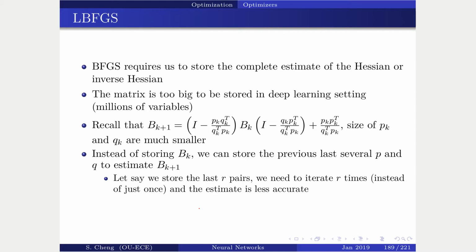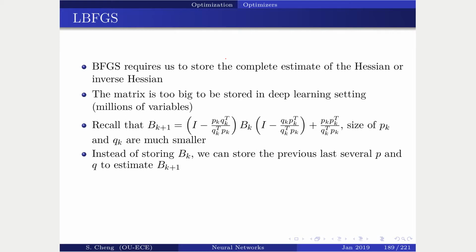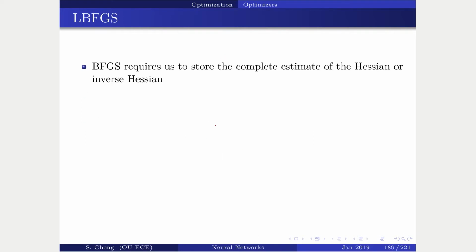So maybe I recap a little bit. The idea in second order is Newton's method. Just as in the 1D case, if you are trying to find the optimum, the minimum of this 1D function, the second order method starts at some point here.